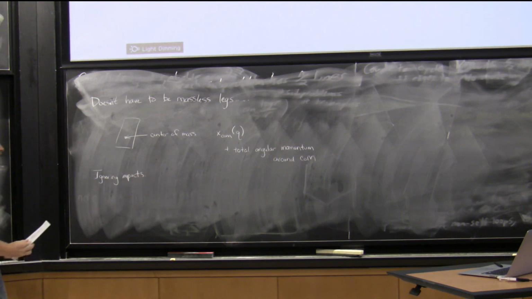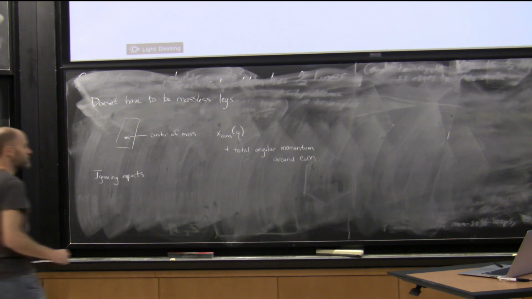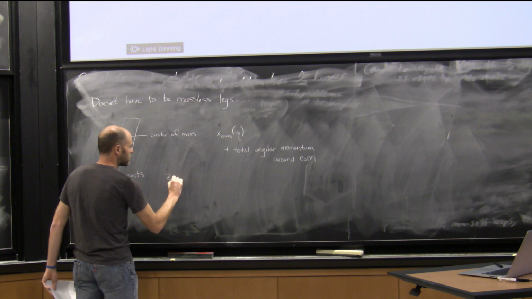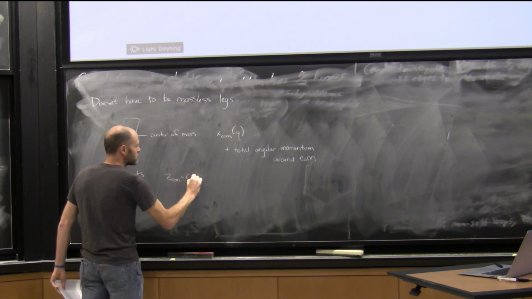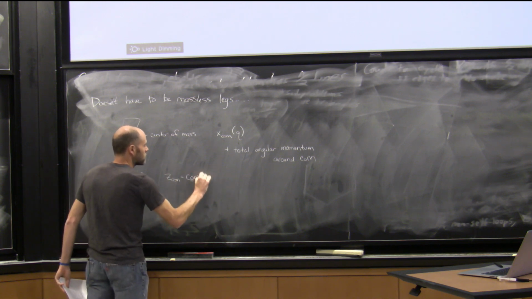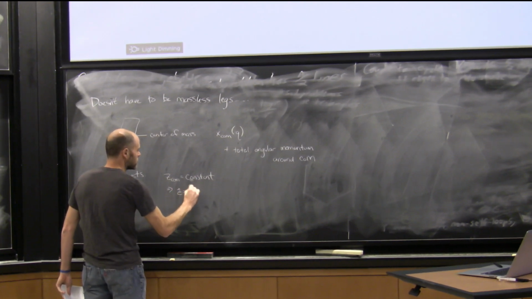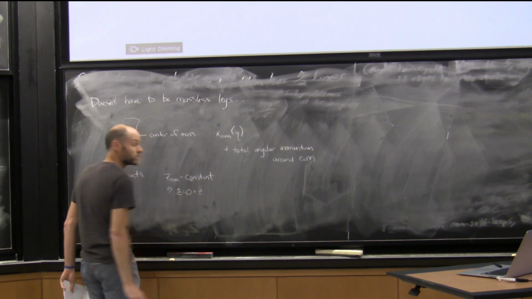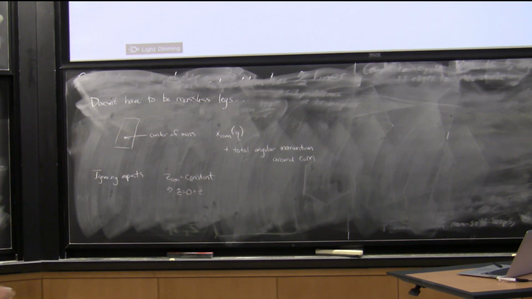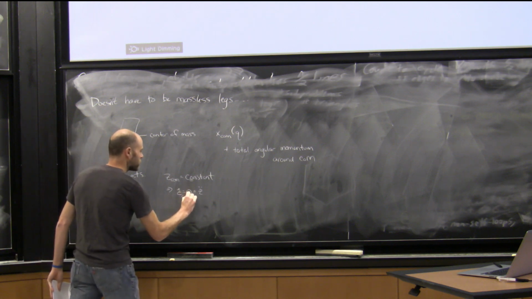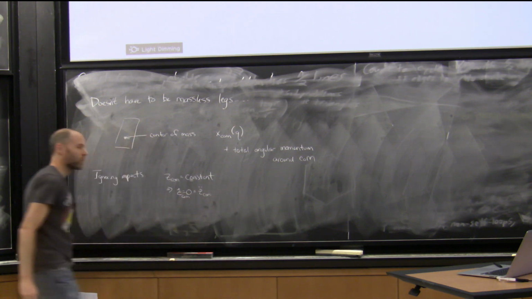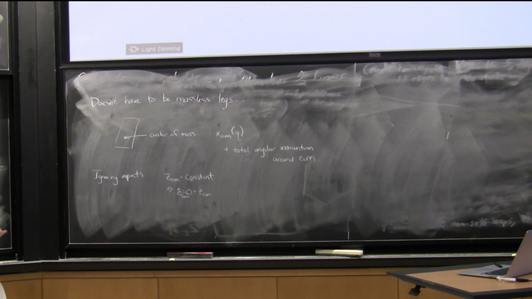I'm just explaining that if you're willing to, for instance, have your center of mass stay at a constant height, so the z position of my center of mass stays at some constant, implying that z dot equals 0, z double dot equals 0 of my center of mass. That seems like a reasonable thing to do.